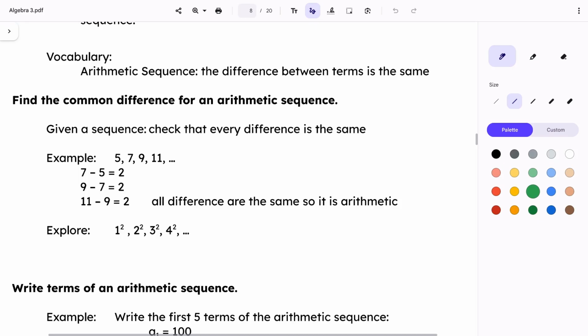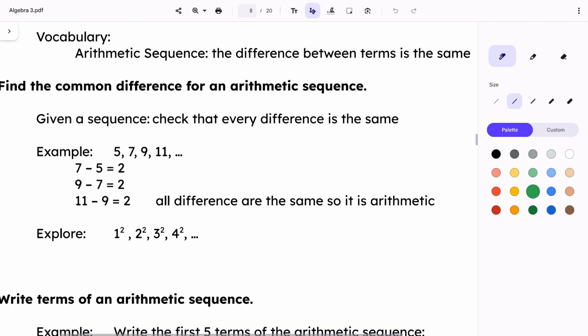First thing we need to do is, if they gave me a sequence and they wanted me to figure out if it was arithmetic or not, I would need to know what's the common difference. How much is it increasing or decreasing between terms? So for example, if I had 5, 7, 9, and 11 given to me, and they wanted me to figure out if it was arithmetic or not, I would need to know what's the common difference.